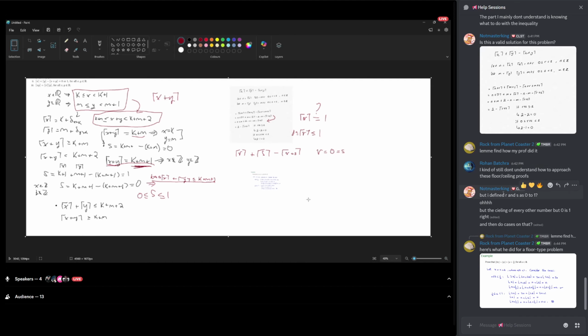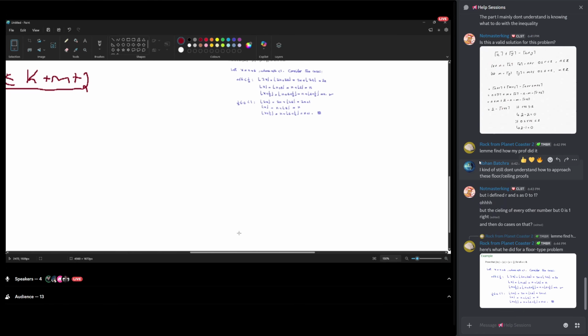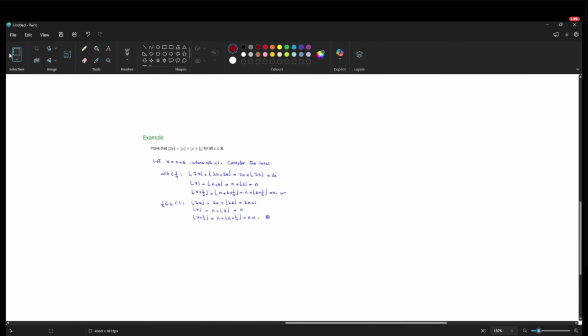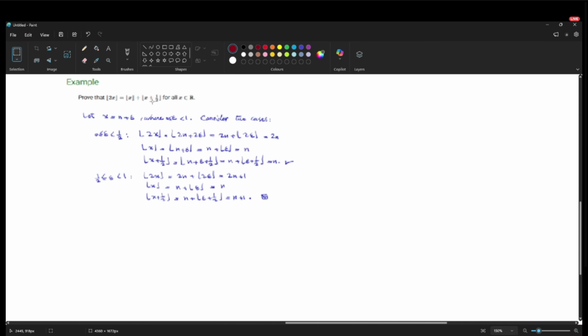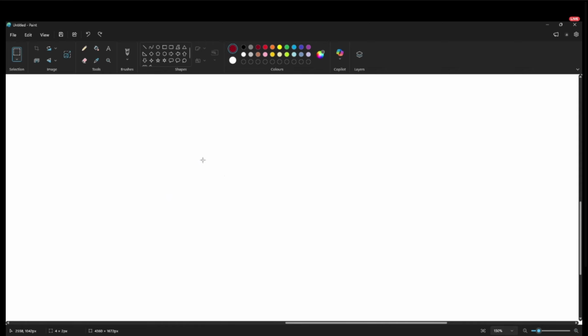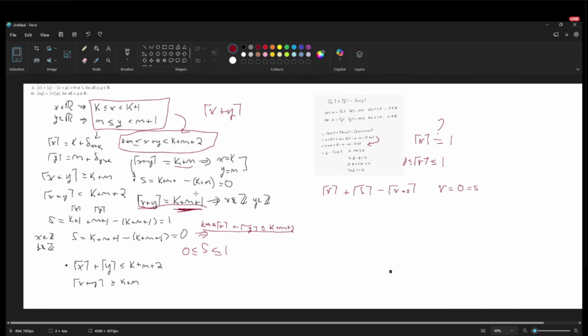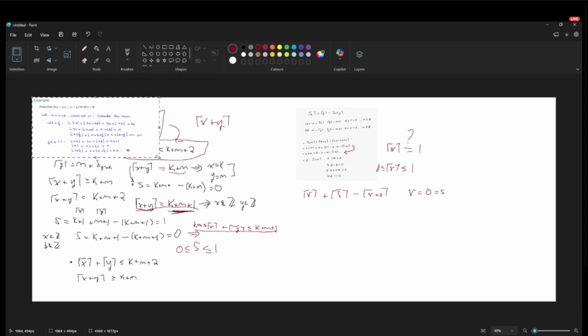Okay, so I don't know if you guys can see that, but actually I should enhance it somehow. Oh my God, that looks terrible. Wait, hold on. Is that better?